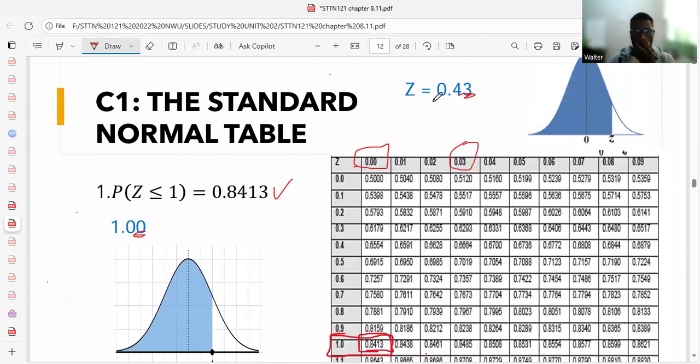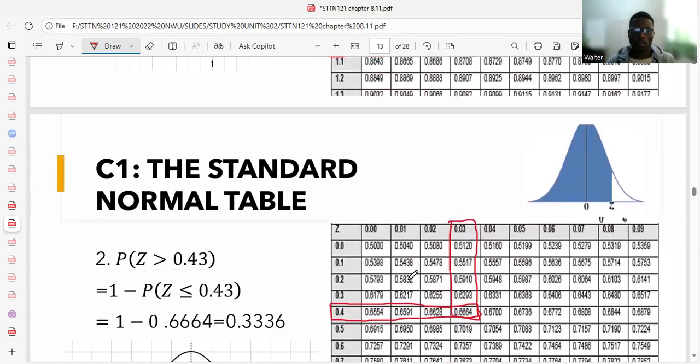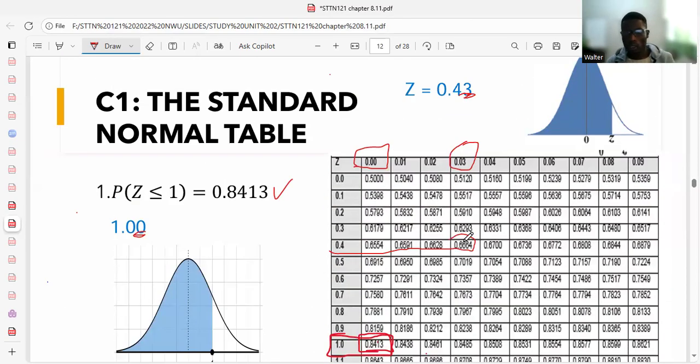Now you're left with 0.4, so it's 0.4 under 0.03, and you will get 0.664. I think it's 8, but let's check. Okay, yeah, it's 0.664.